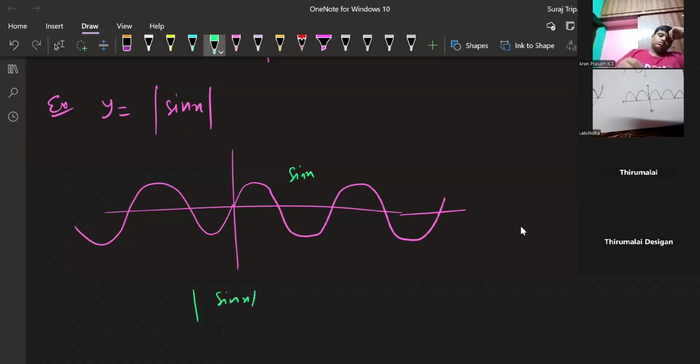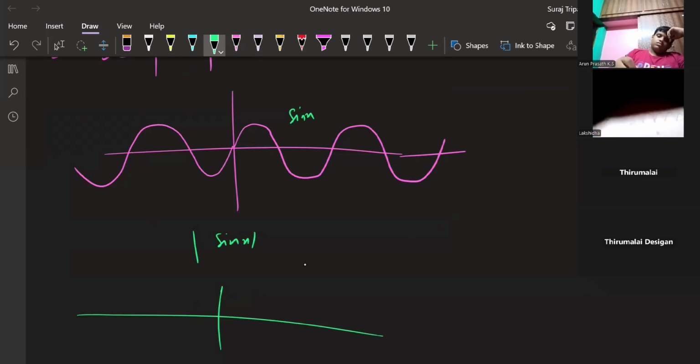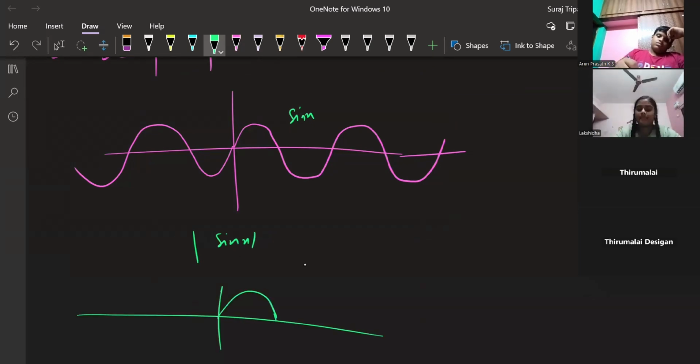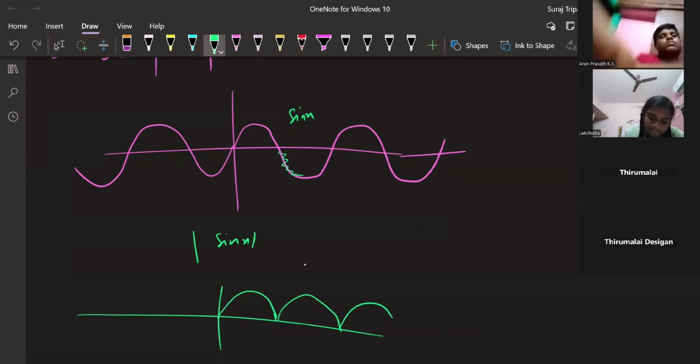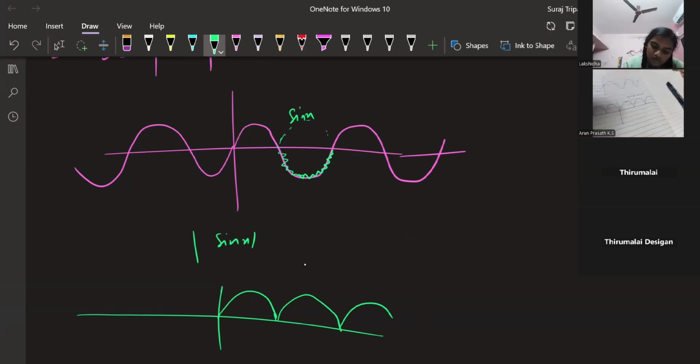Yes, this one, correct. The graph will look like this. You have to take the reflection of this portion which is present below the x-axis. So the graph will look like this one. Yes, correct.